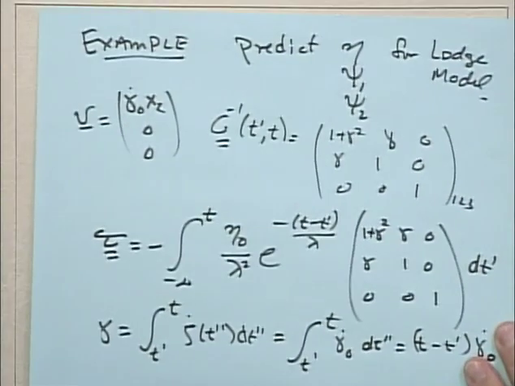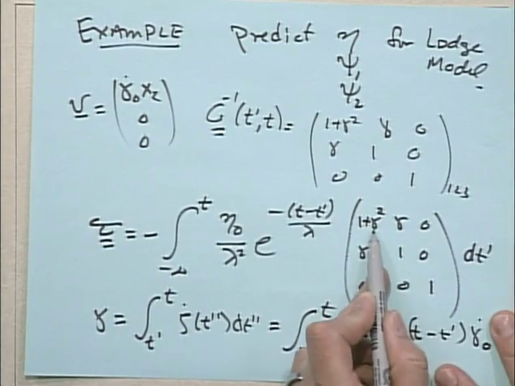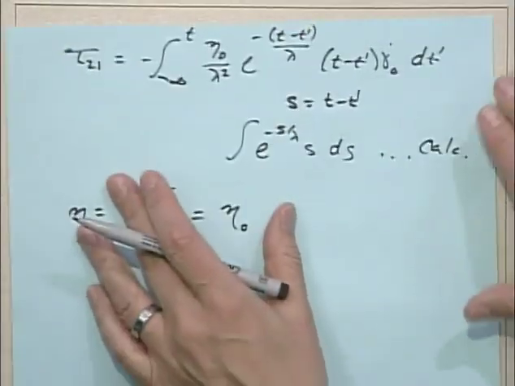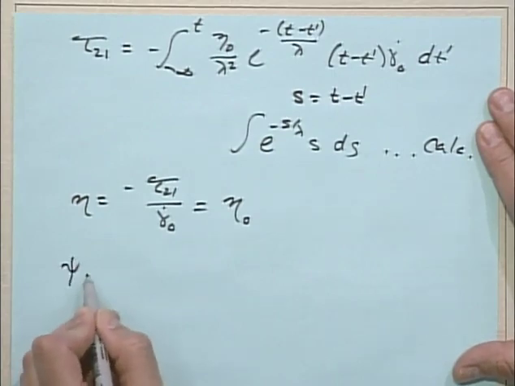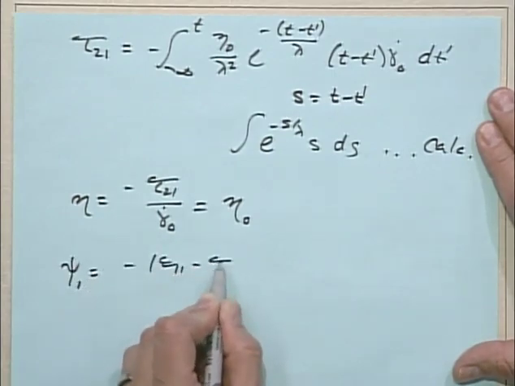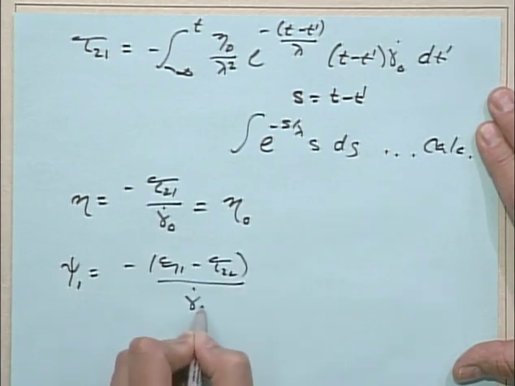But the part that's not anticlimactic are psi 1 and psi 2. So we go back here, and to calculate psi 1 and psi 2, we need tau 11 and tau 22. So psi 1 is equal to minus (tau 11 minus tau 22) over gamma dot naught squared.